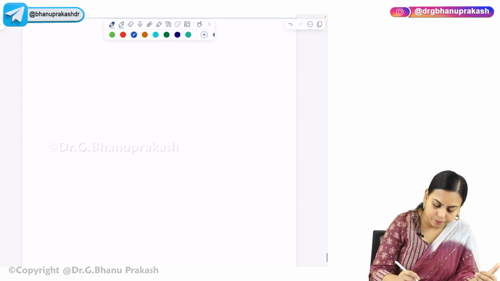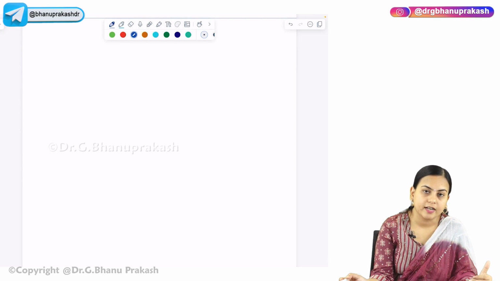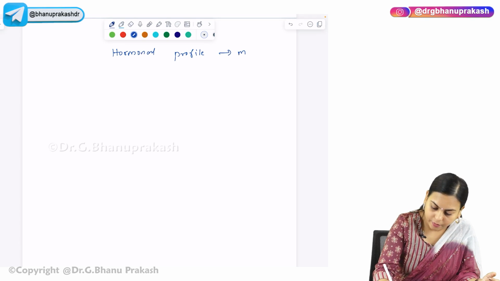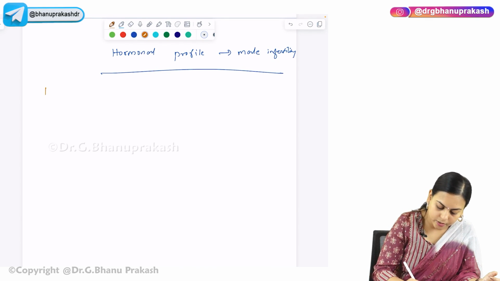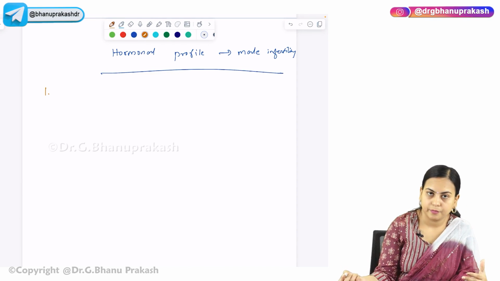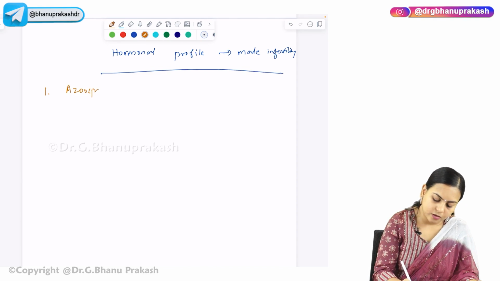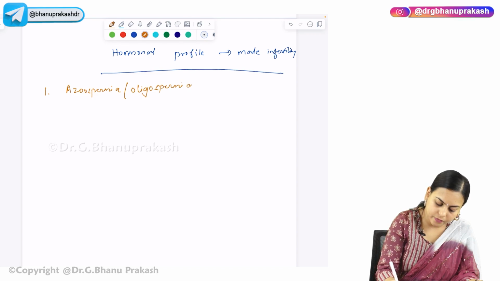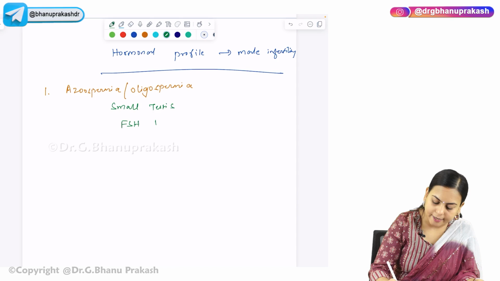Now, let us see how will be the hormonal profile assessment in a male with infertility. Number one is, say the male is having azoospermia or oligospermia and there is a small testis and the FSH is high.